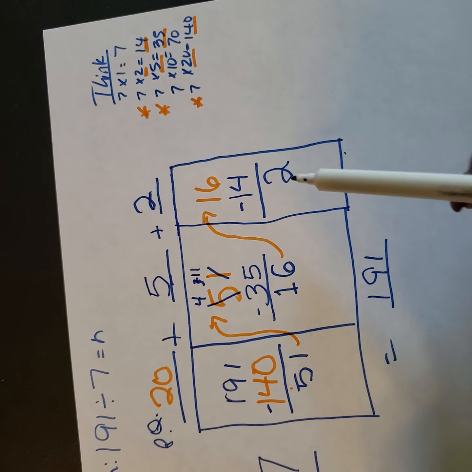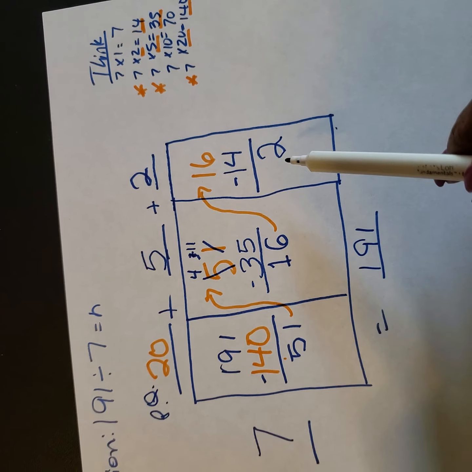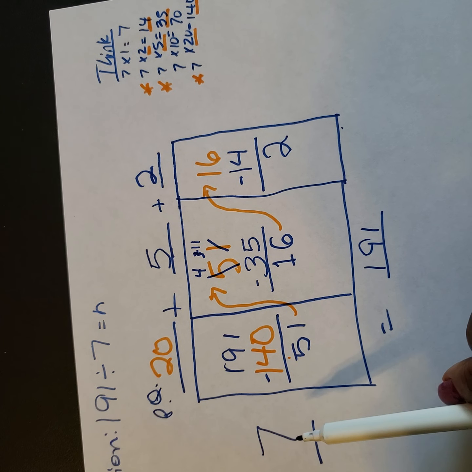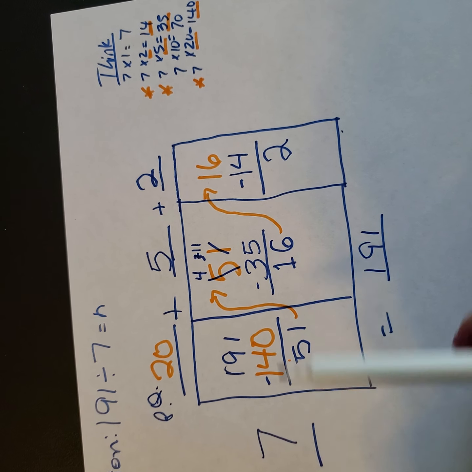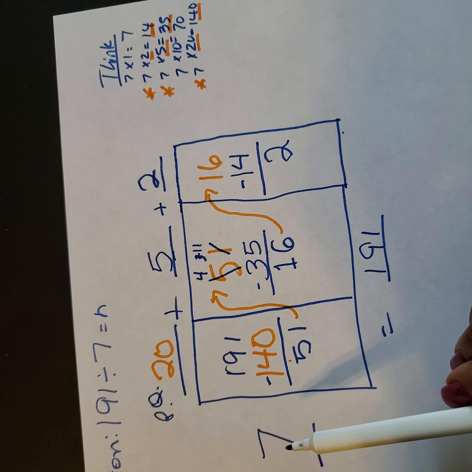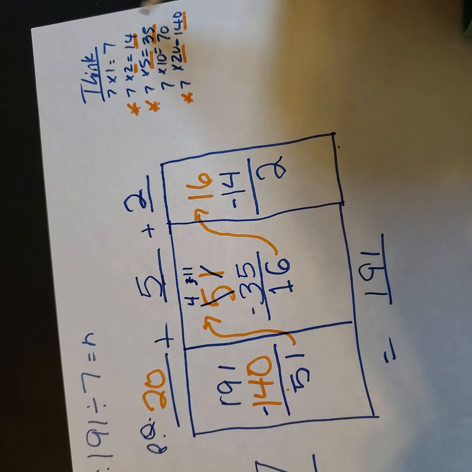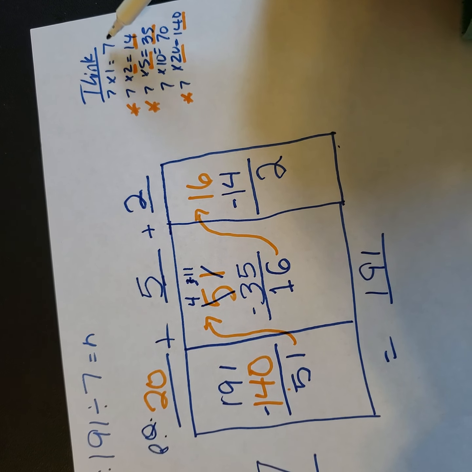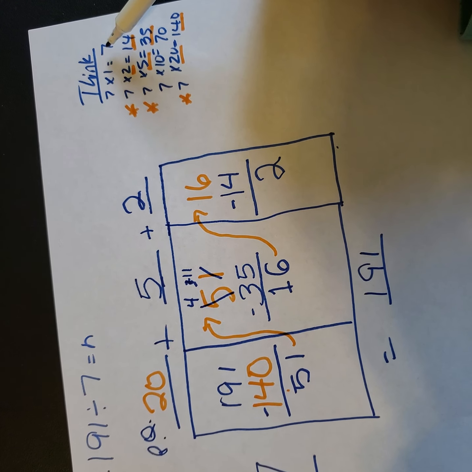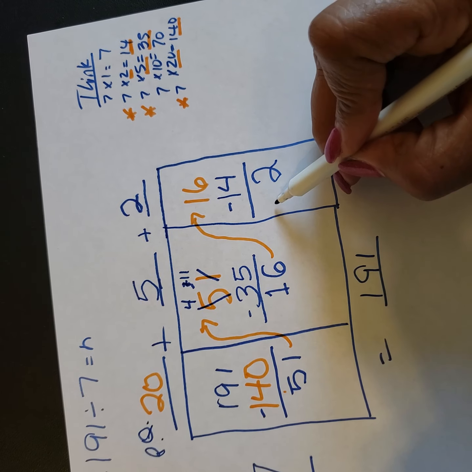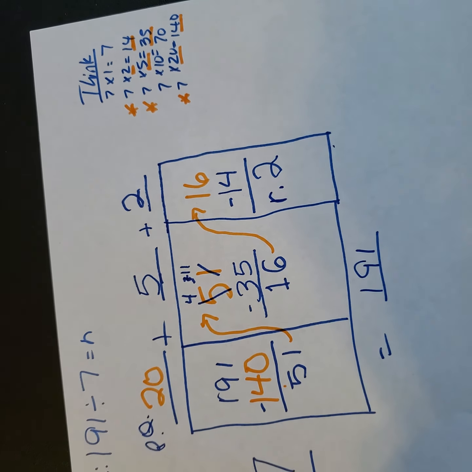Wow, look at that. We have something left. But let's go ahead and pan out, and let's compare that 2 to our 7. Is that 2 smaller than our 7? Yes, it is. Look at our benchmark fractions. Can we make a 2 using our 7 timetables? You're right, we cannot. So therefore, this 2 becomes our remainder.